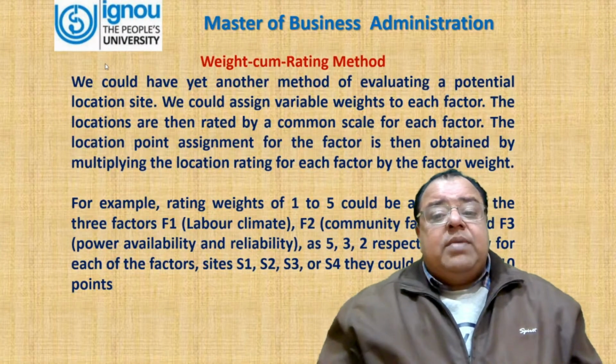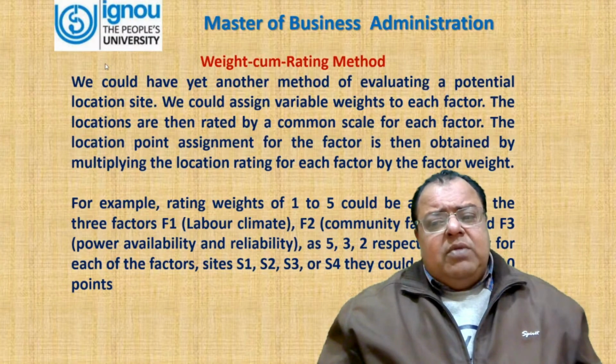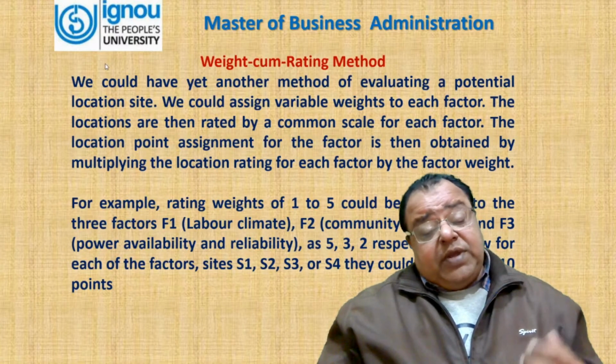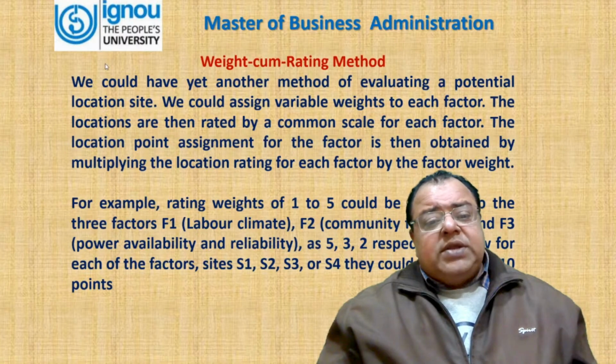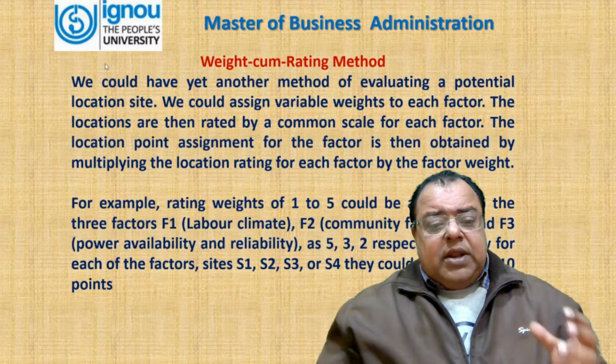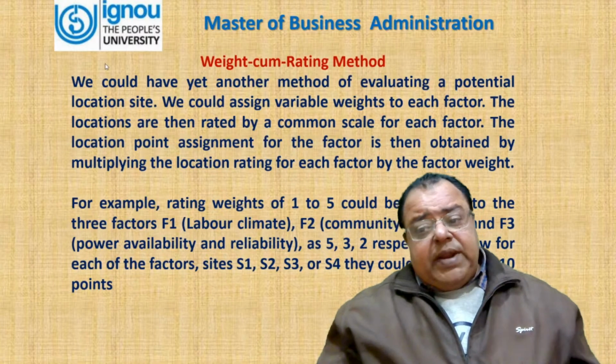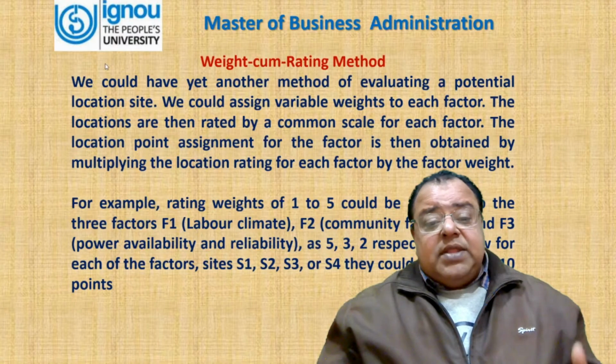Then comes the weight cum rating method. We could have yet another method of evaluating a potential location site. We would assign variable weights to each factor. The locations are then rated by a common scale for each factor. The location point assignment for the factor is then obtained by multiplying the location rating for each factor by the weight factor.